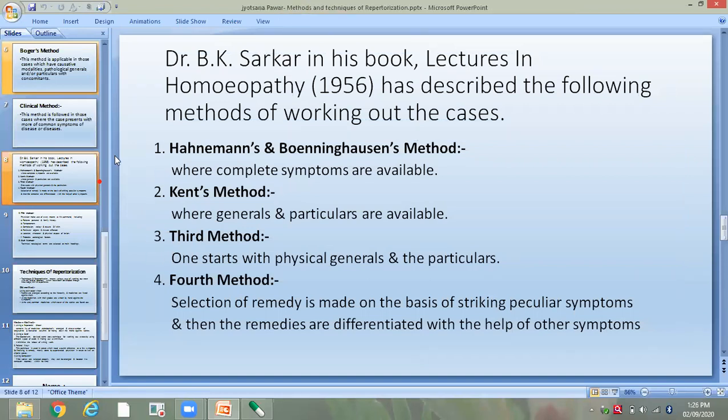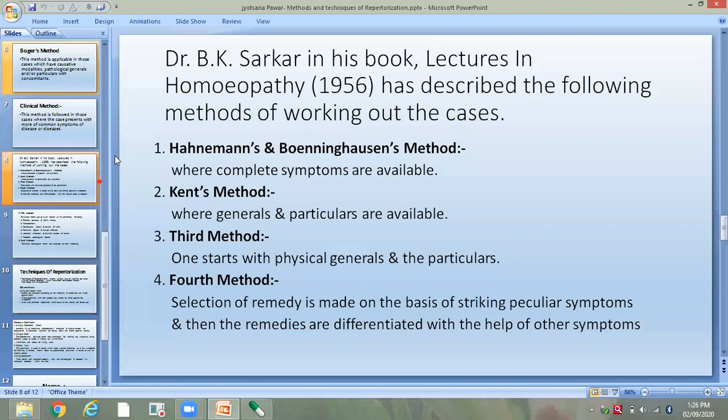Then the fourth method of repertorization is where the selection of remedy is made on the basis of striking peculiar symptoms, and then the remedies are differentiated with the help of other symptoms.